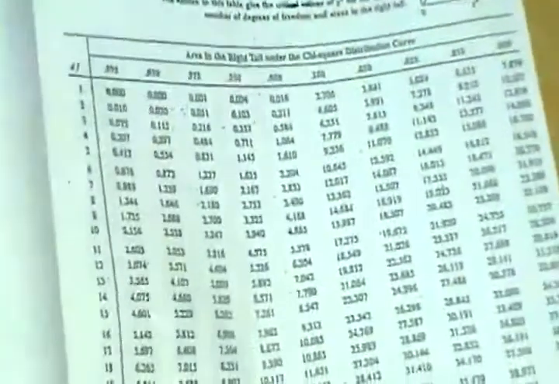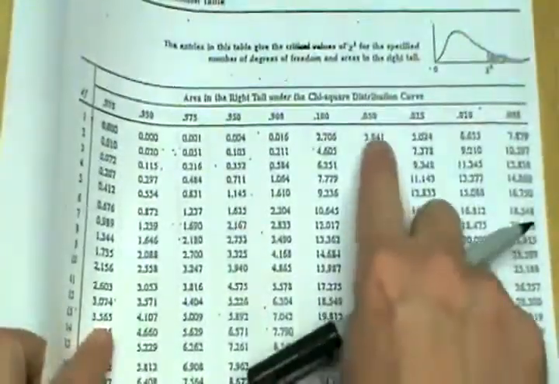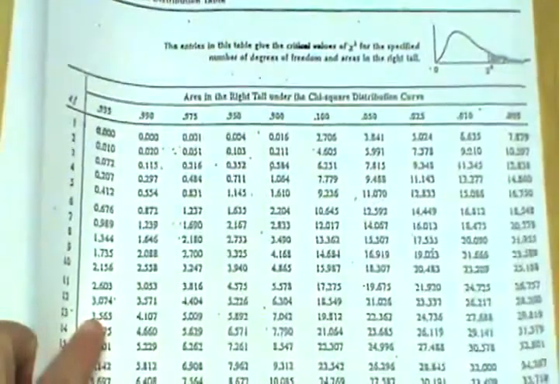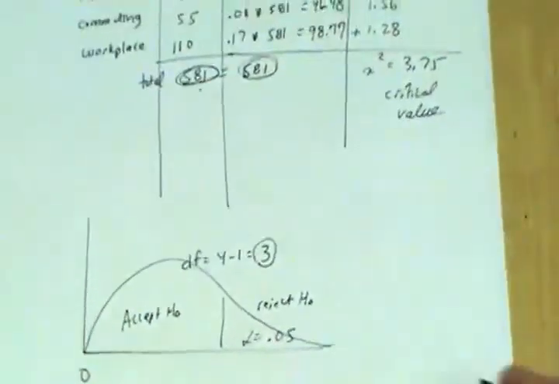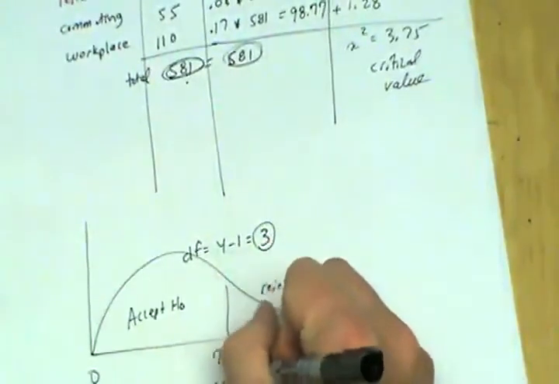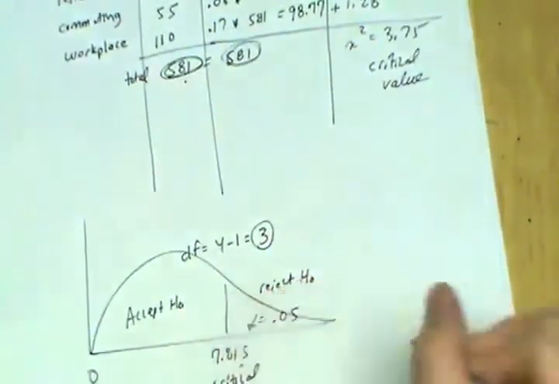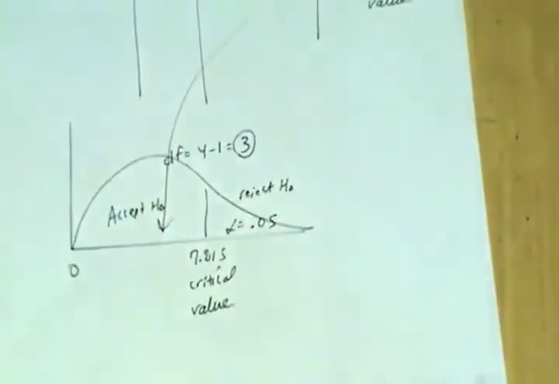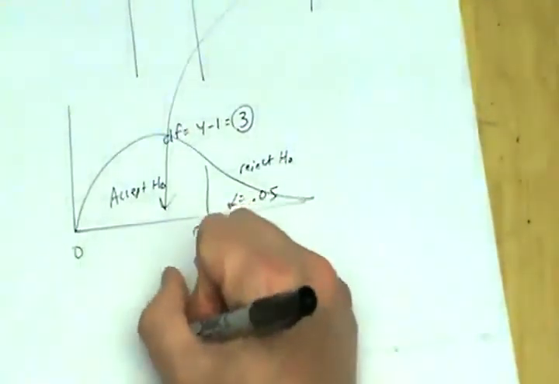In our chi-square table, 0.05 right here, go down 3: 1, 2, 3. 7.815. That's our critical value. We got back 3.75. That's going to lie left of the 7.815, so that lies in the accept H0 region.